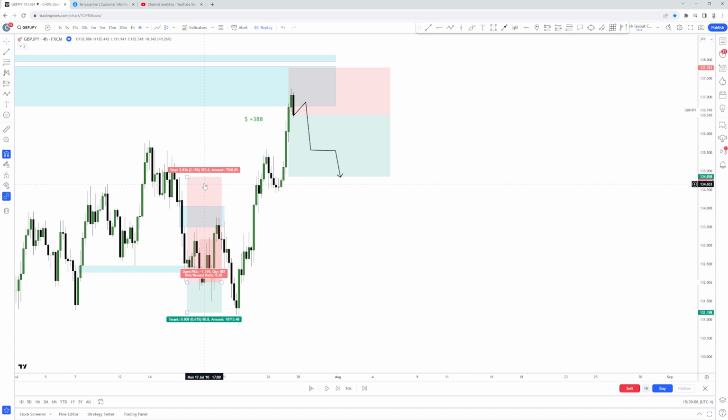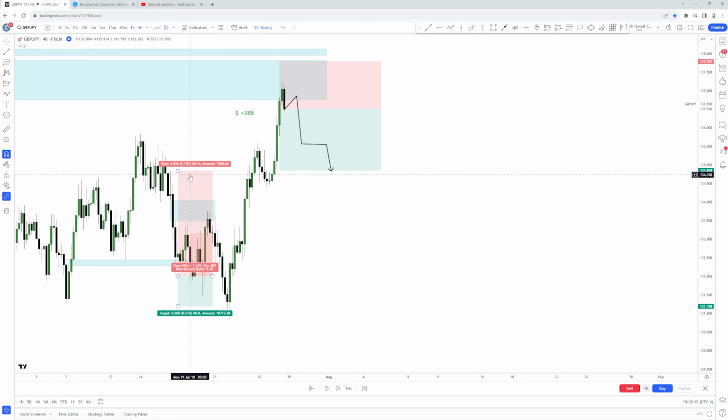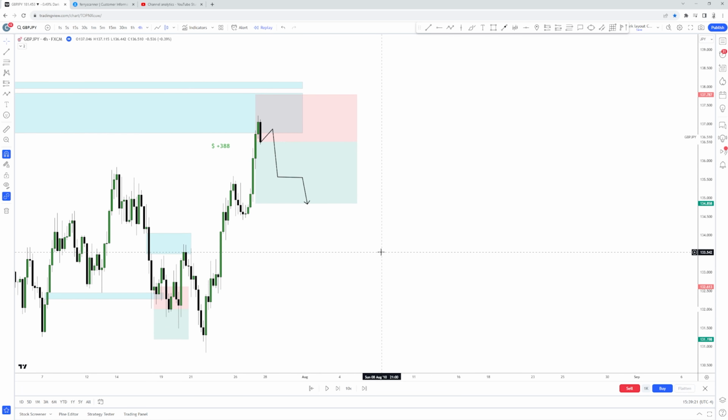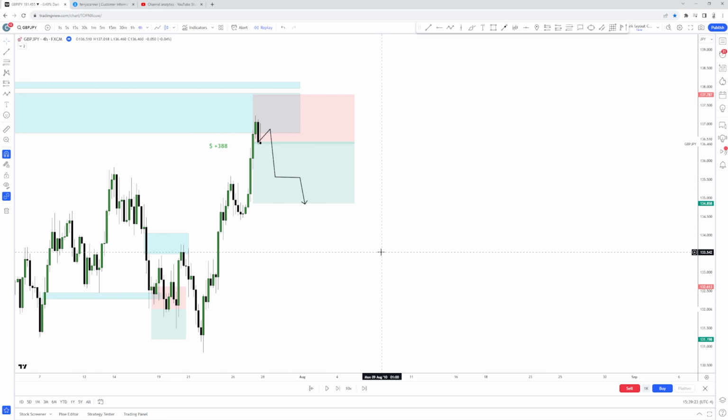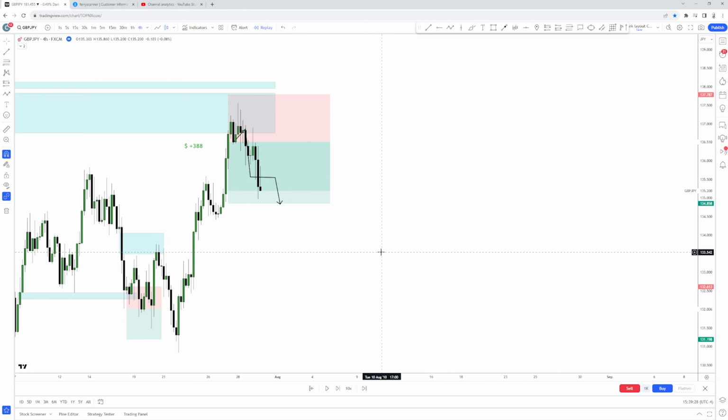So this will lose us only $283, and this will win 165, plus the 388 that we have won. Now things can go wrong again, of course, and we will see what we're going to be doing if things go wrong. For the moment, this is just a random example.